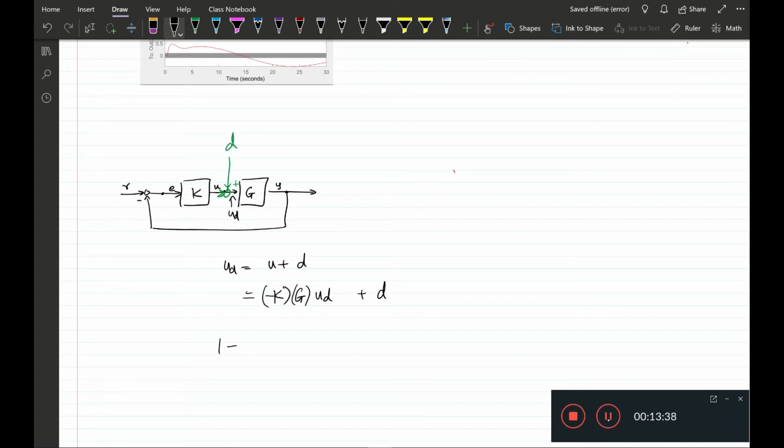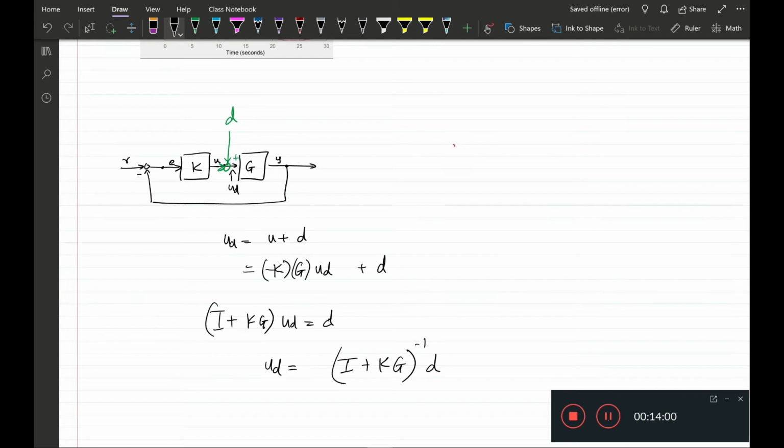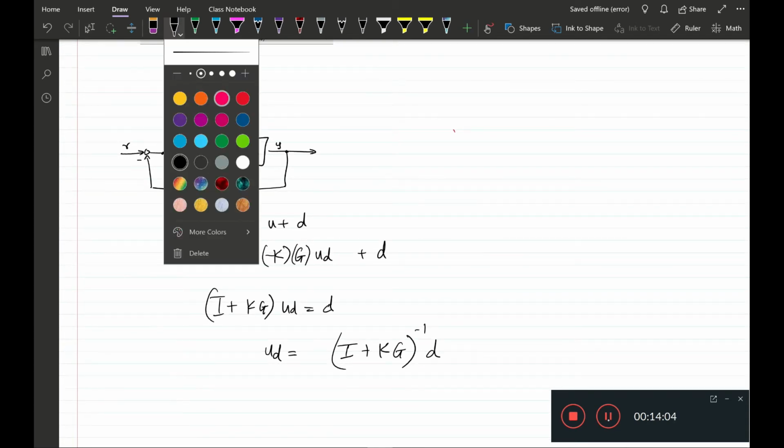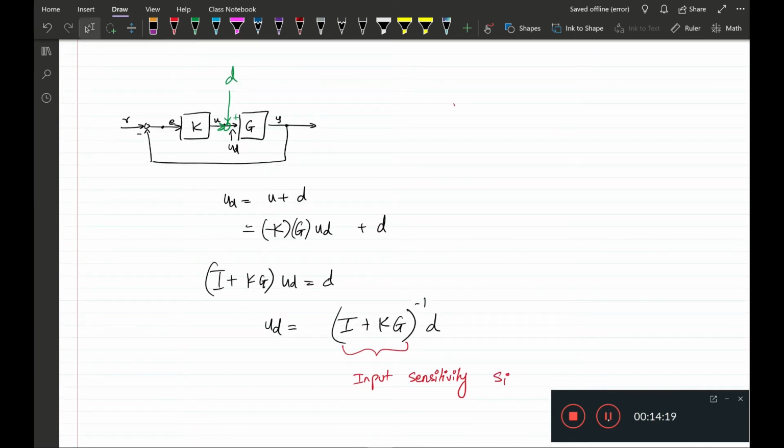So we have identity plus KG times UD equal to D, or in other words, UD is I plus KG inverse D. Now this is UD, but we want to find the transfer function to E. By the way, this transfer function is called the input sensitivity, usually denoted by SI, and the usual sensitivity, which is I plus GK inverse, is typically called the output sensitivity.